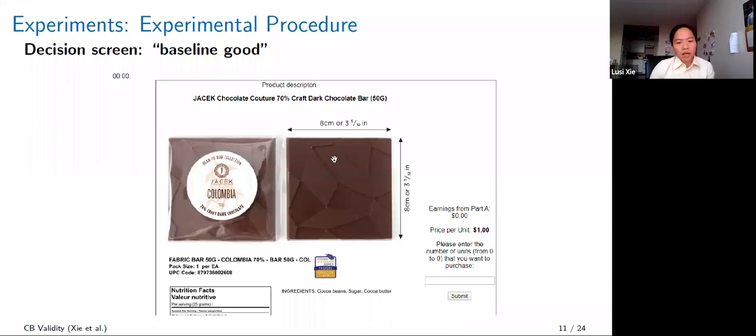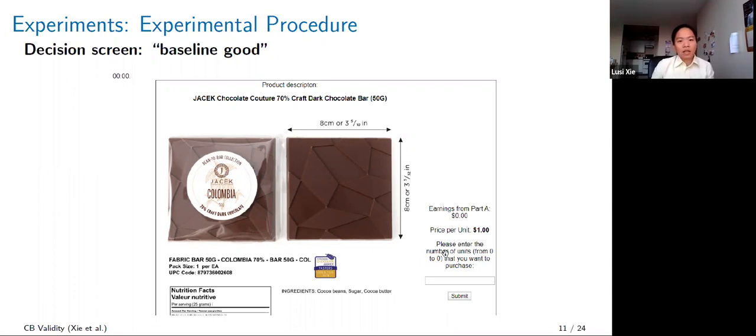So, with that information, we reminded people about their earnings from the effort task and also told them the price per unit. We have 6 pre-selected prices. And with all that information, we ask people to enter how many chocolates they want to buy at those prices.